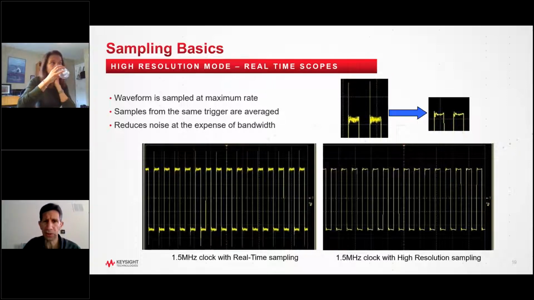But this mode is basically in all of our real-time scopes at this point. But you have to manually go into the menu to select it. We are not going to automatically reduce the bandwidth of the instrument. The user sort of has input and control of that.